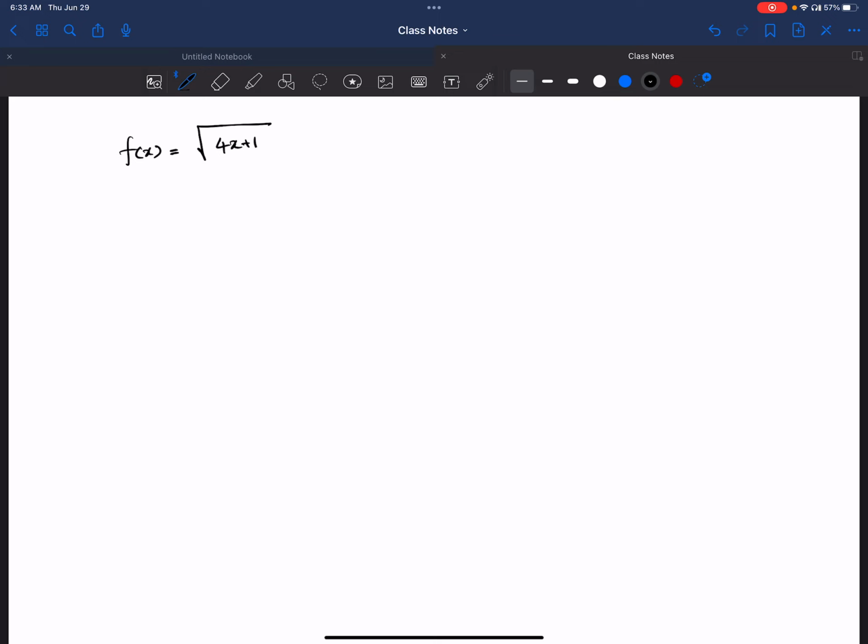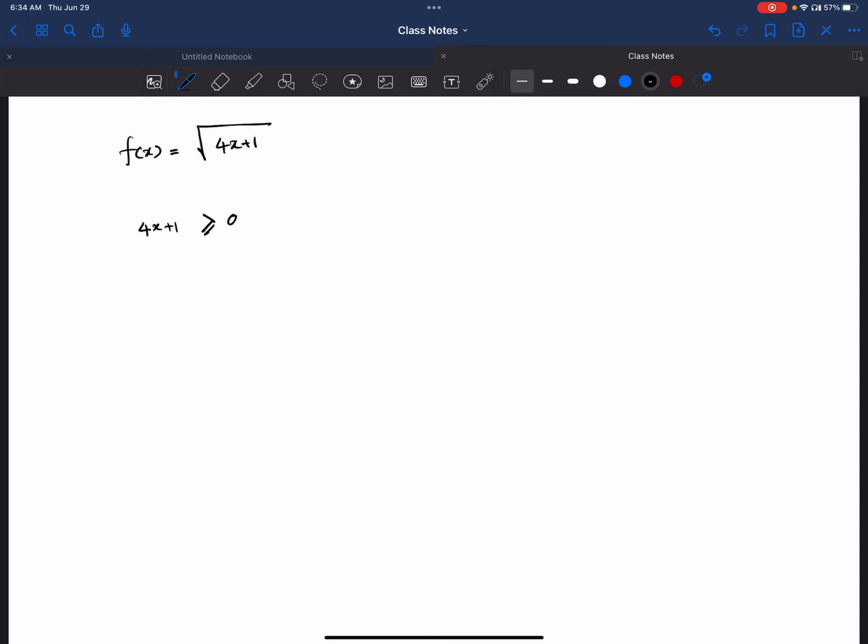I hope you paused the video and did the example by yourself, and here's the solution. As I explained earlier, the content inside the radical should be greater than or equal to 0 to define the function f of x. So 4x plus 1 should be greater than or equal to 0.